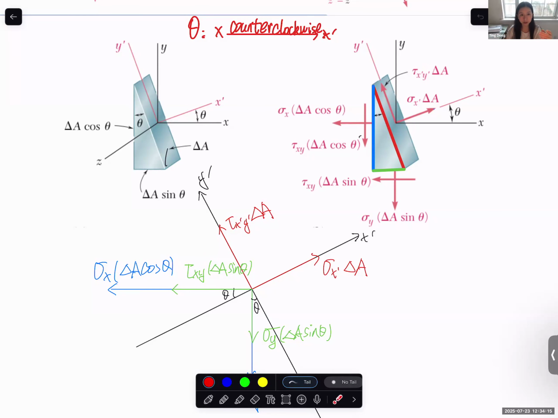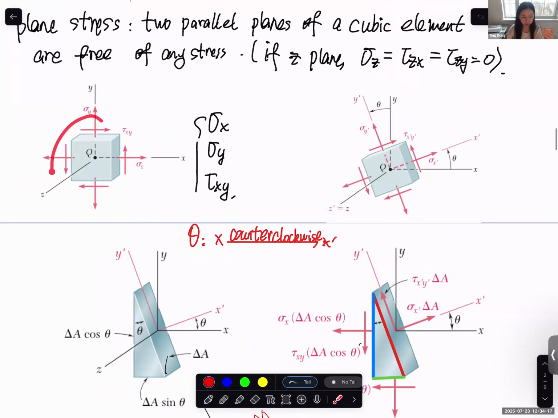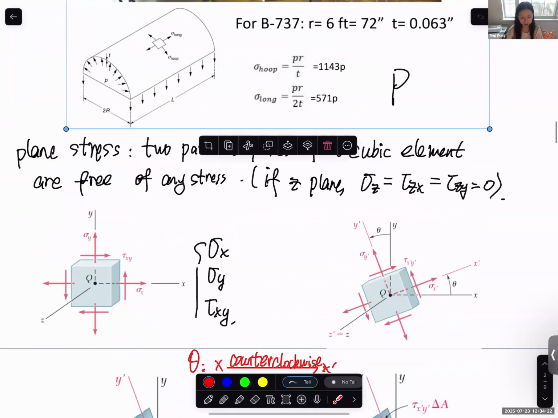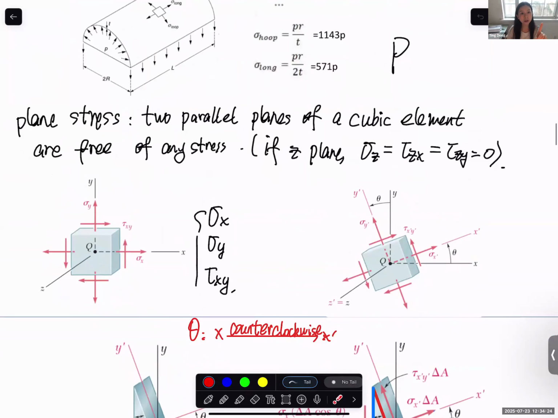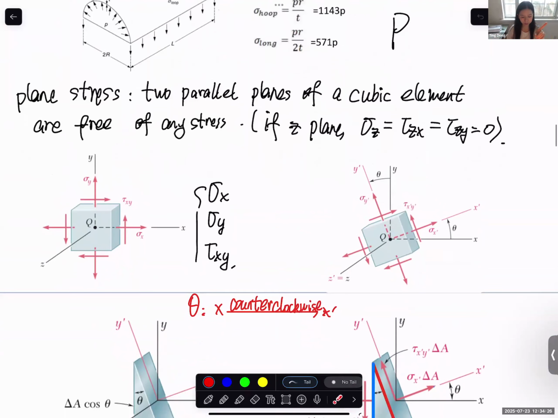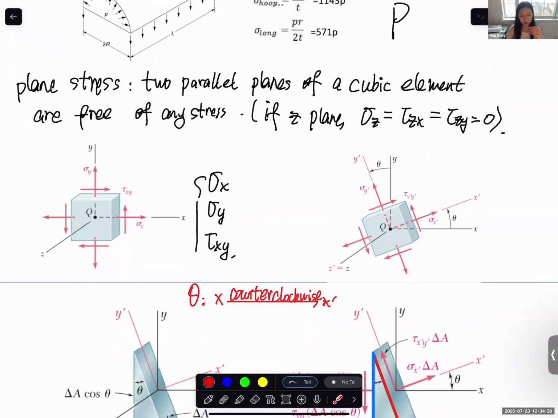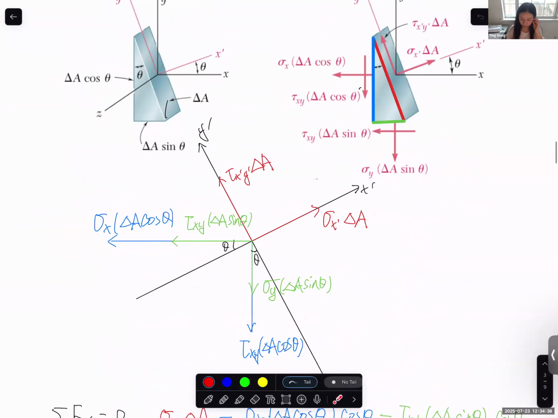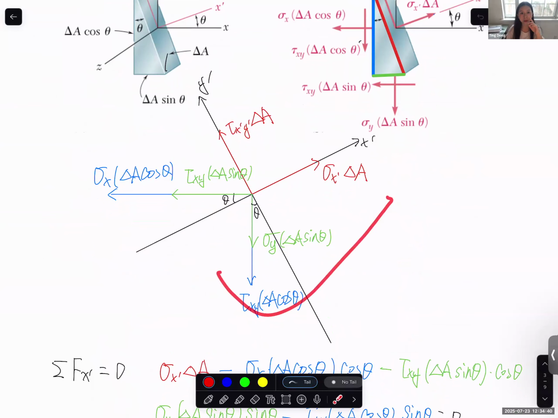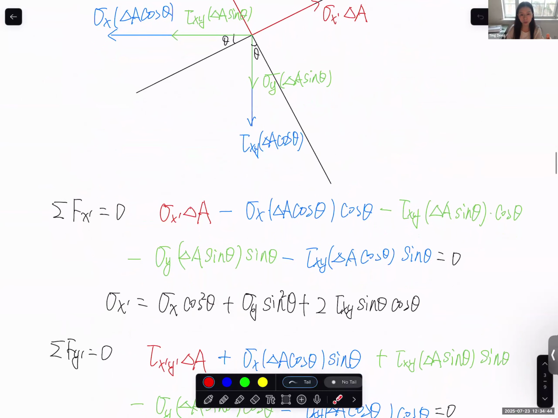Since we are taking a very small cube or square from a structure, we can always assume that at that specific point, those stress components are uniformly distributed. So now this is just put into one graph, easy for us to write the equilibrium equations.